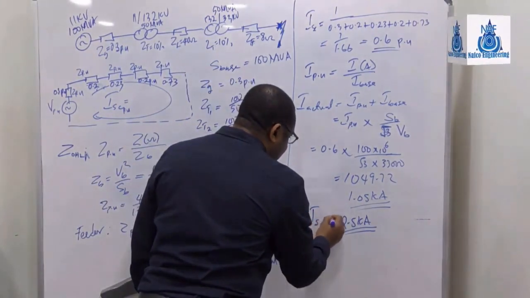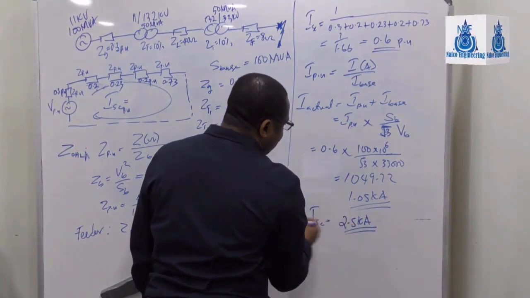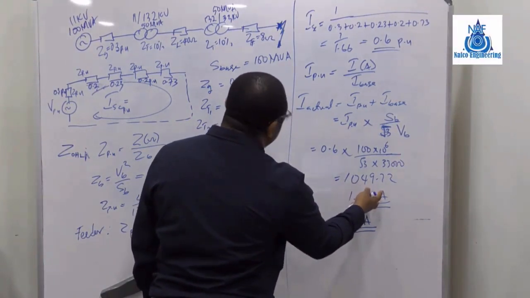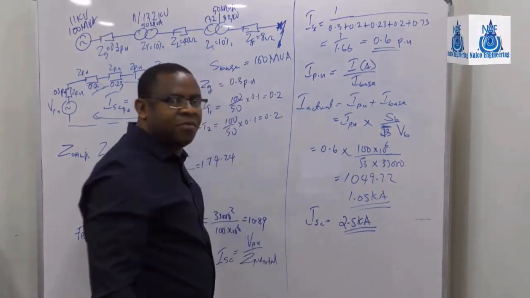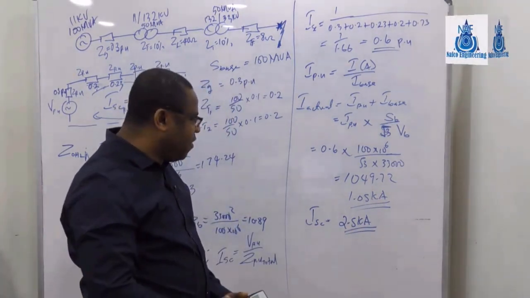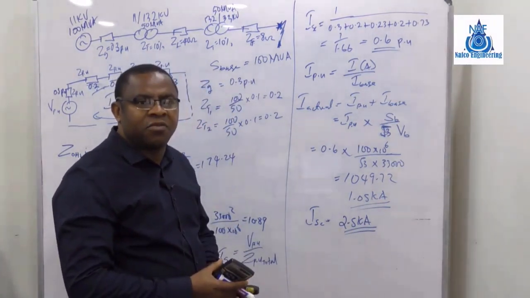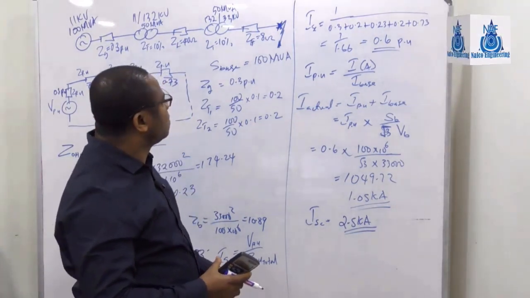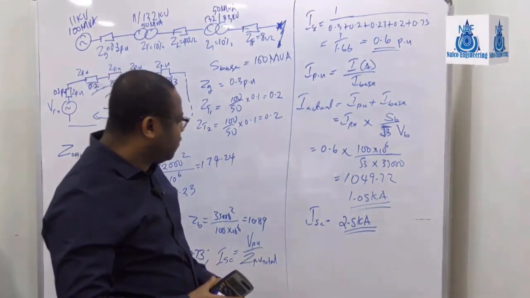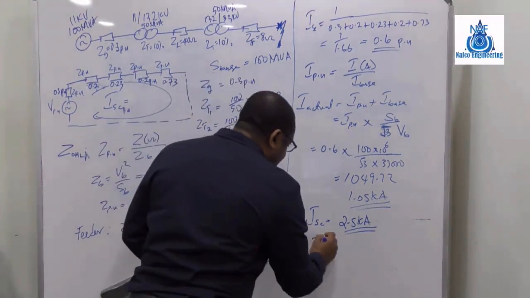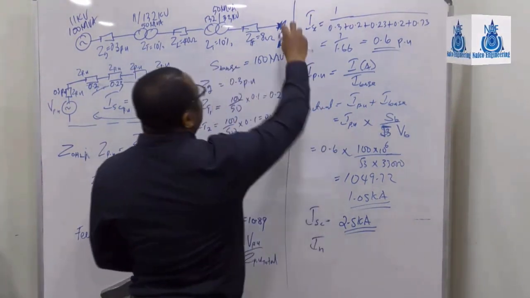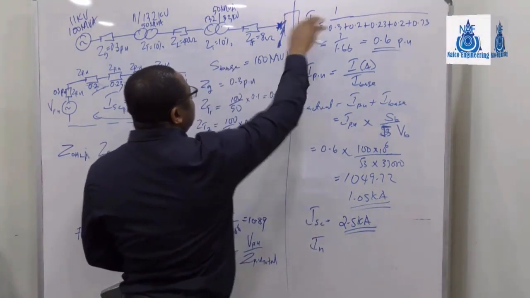So I'm going to install a breaker rated 2.5 kA, the short circuit rating. I short circuit rating will be that. This is how much fault current will flow through there. This is the size of the switchgear that I'm going to use. It's a 2.5 kA circuit breaker. If I want to know the nominal rating, I need to know how much load is connected there.